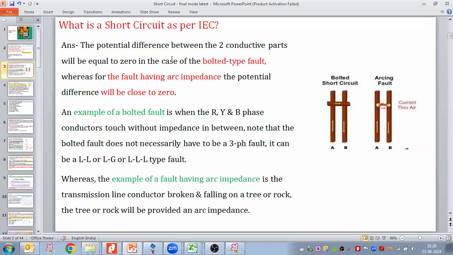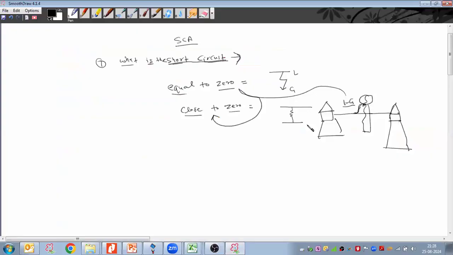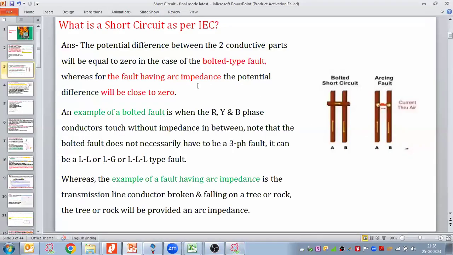So the potential difference between two conductive parts is equal to zero in the case of a bolted type fault, whereas for a fault having arc impedance, the potential difference will be close to zero.